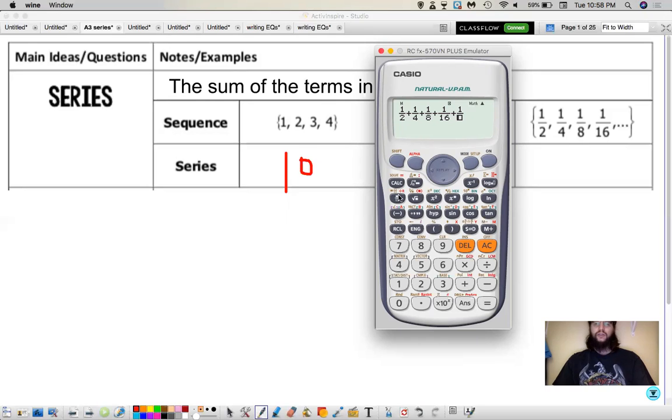So 1 over 32. Every time a new term comes, the numerator will be 1 less than the denominator.